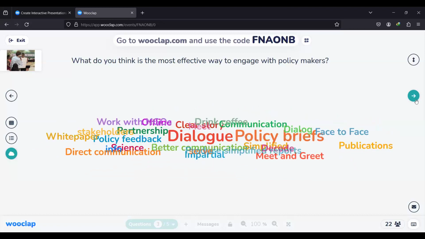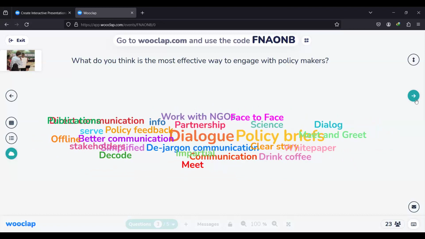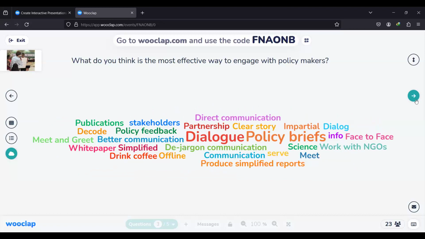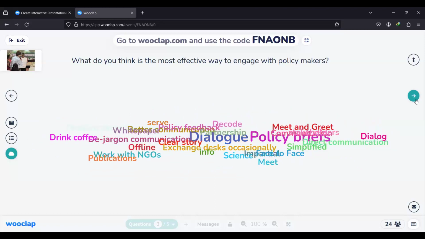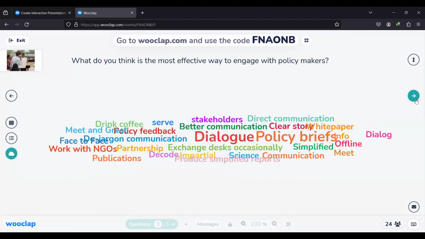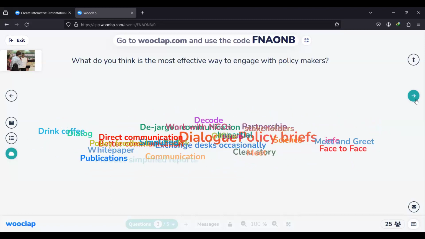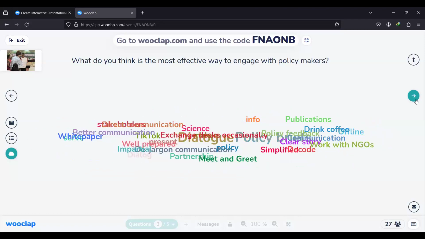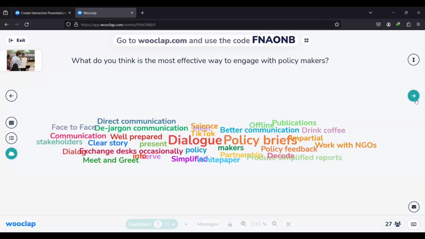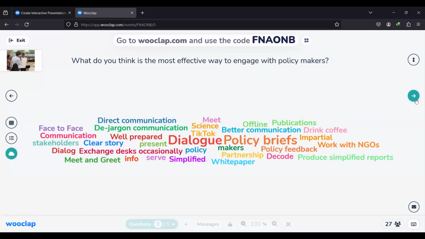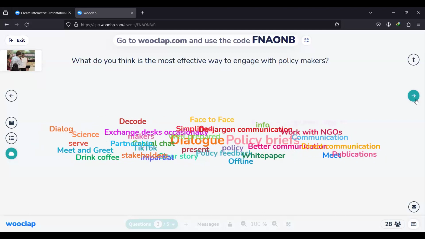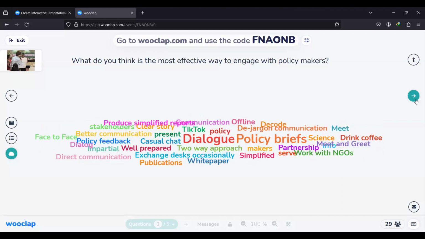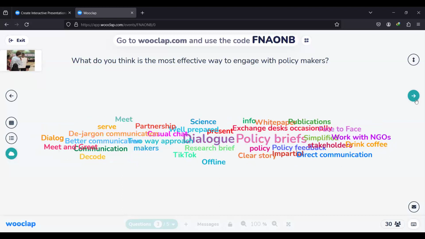So yes, policy briefs are a great idea. Scientists work with NGOs, but certainly there was a need to produce simplified reports. We very often don't know how to do this in a way which is both simplified and accurate. So we should engage with people who have that experience, rather than saying we have to do it ourselves.